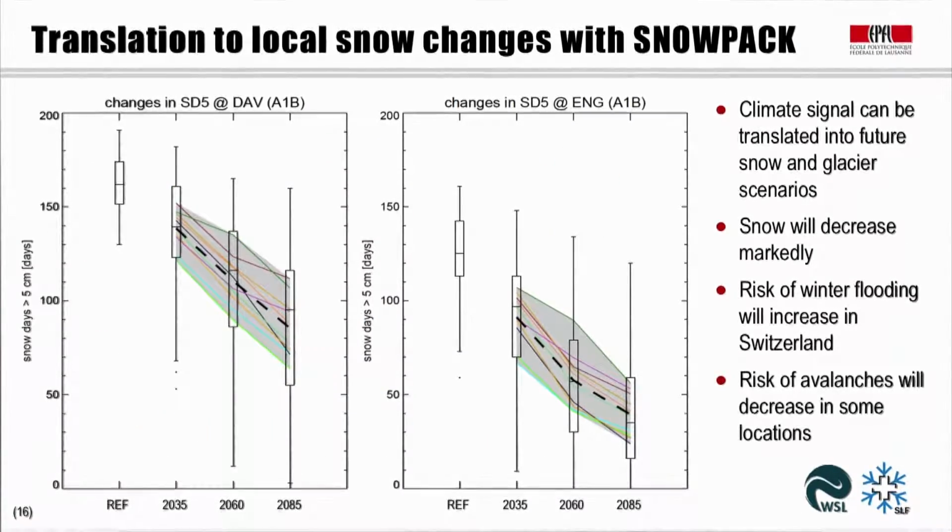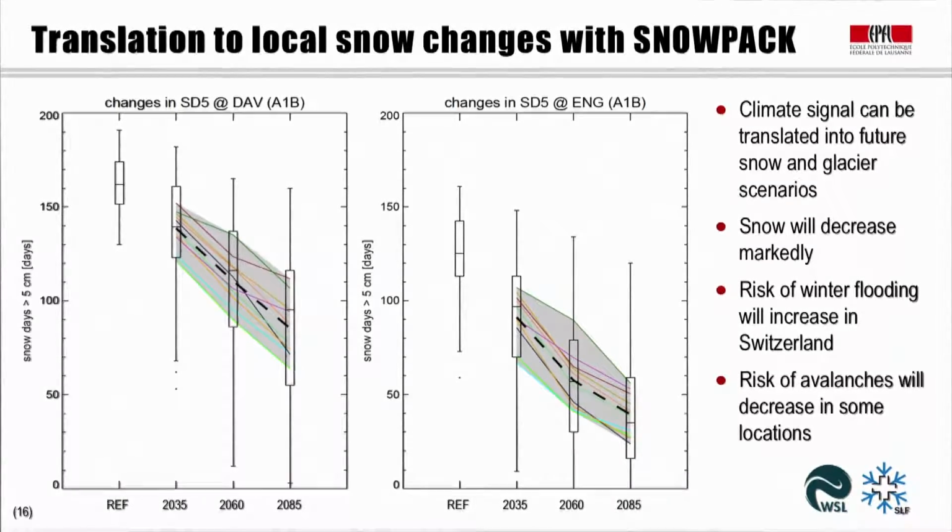Nonetheless, we can use those climate model predictions to see what it actually means with respect to processes at the Earth's surface. The climate models, because of their simplifications, are quite reliable with respect to saying what the mean temperature in Switzerland will do, but they will not be able to tell you in detail how the snow cover, for example, in an alpine resort will evolve in the future.